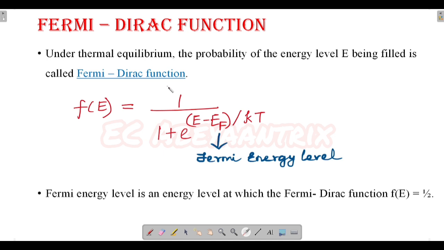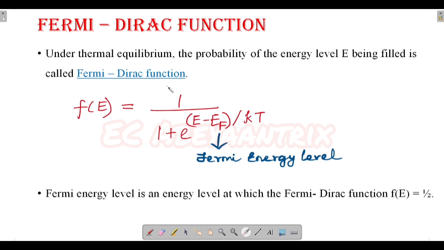So either it can be filled completely or it can't be filled, right? If it will definitely be filled, the probability will be 1. If it will definitely not be filled, the probability will be 0. Sometimes in some situations there may be a dilemma, that it will be filled 50% or not filled 50%.